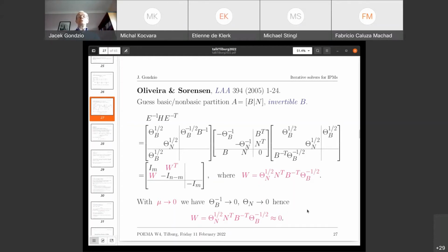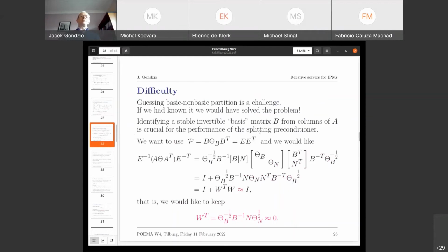And indeed, we do observe it, that the closer to optimality the algorithm gets, the closer this W gets to 0. Such a preconditioner can be implemented. It was implemented by Oliveira and Sorensen, and it actually works quite okay.